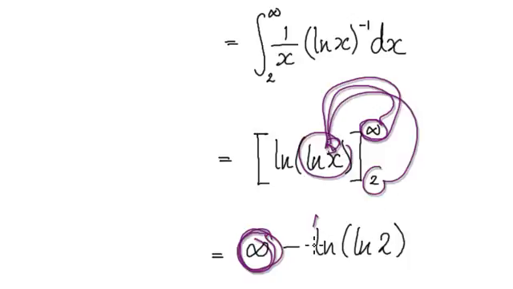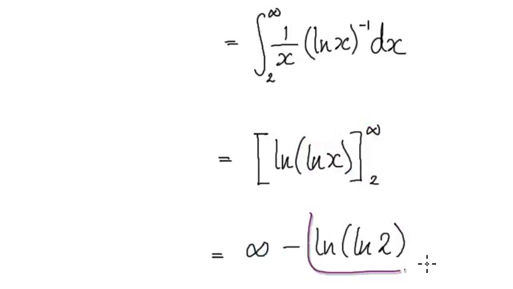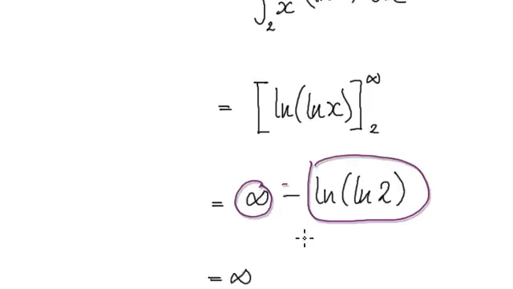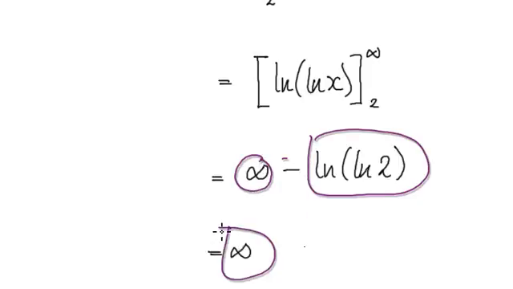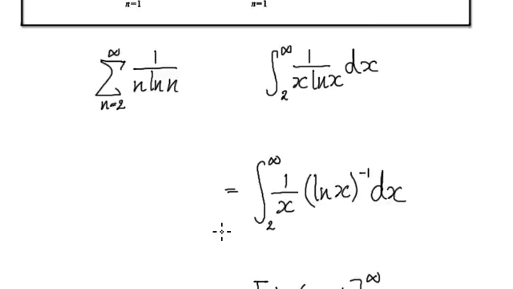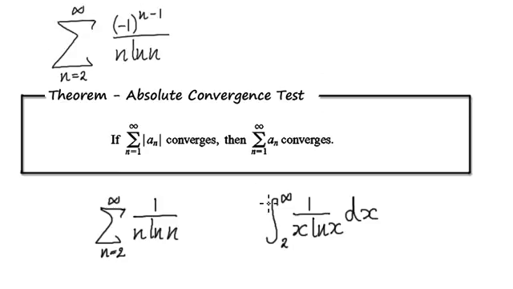Then put 2 in, which gives you a constant. So you've got a big number take away a constant. Overall, it will be very, very big. So what that means is that this integral diverges.